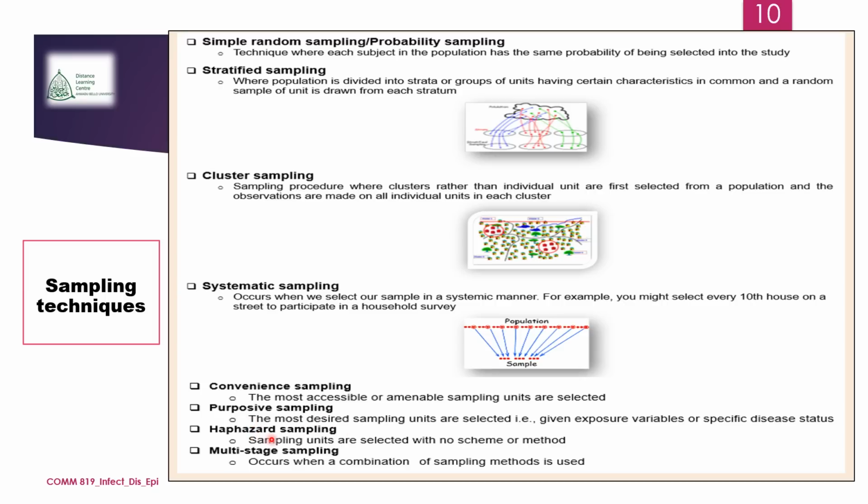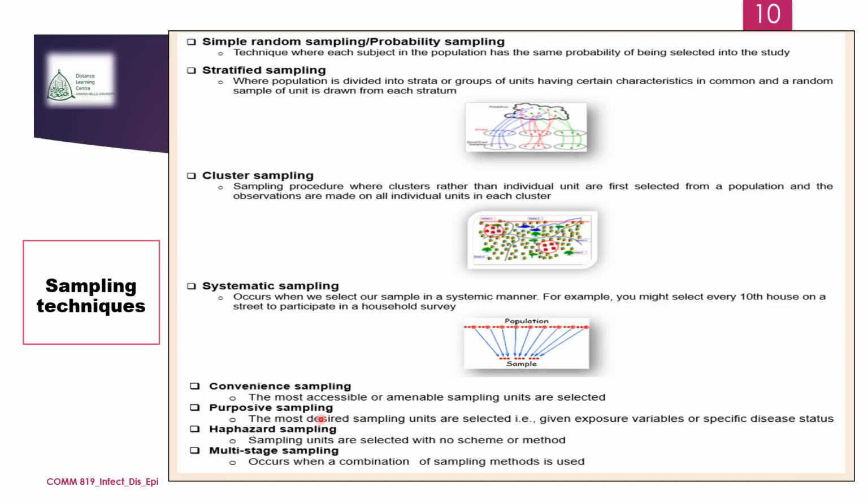Purposive sampling, where the most desired sampling units are selected based on your own choice, given exposure variables or specific disease status. Maybe you just sample based on your own desire.